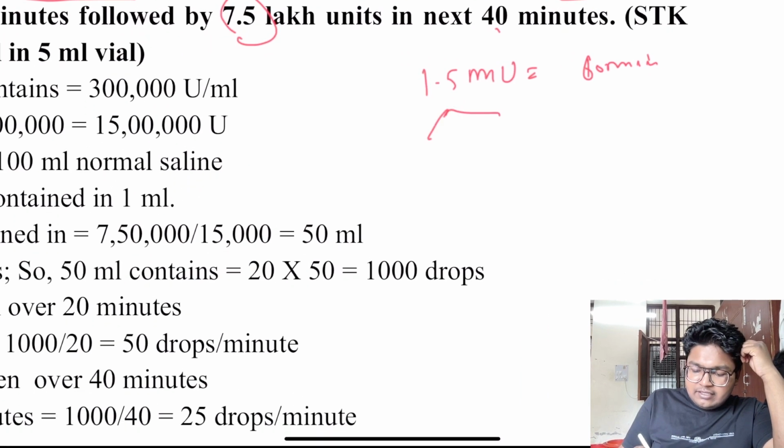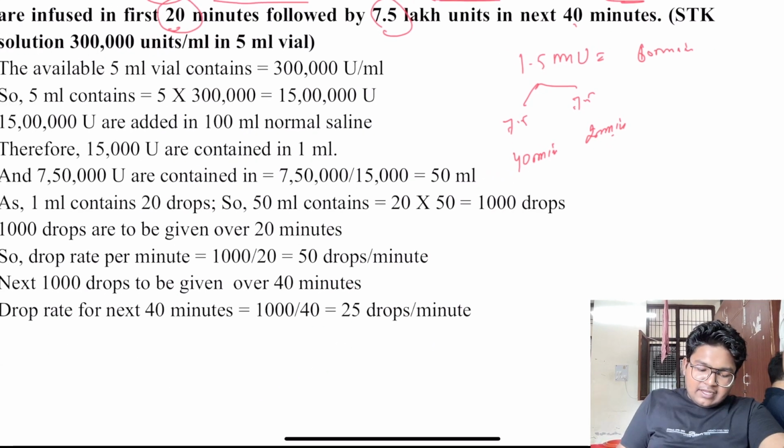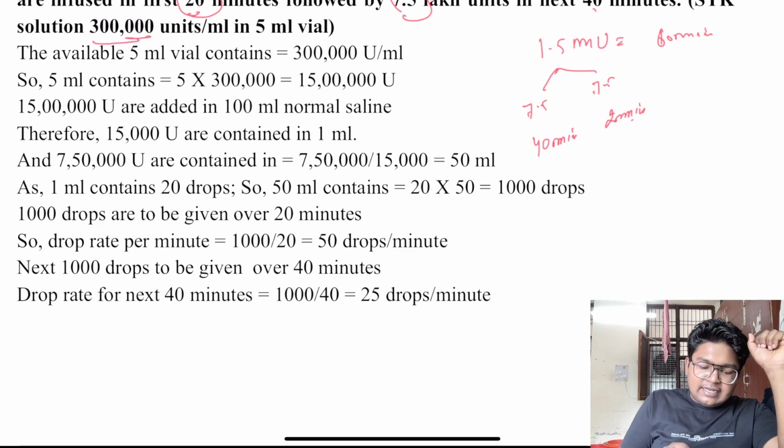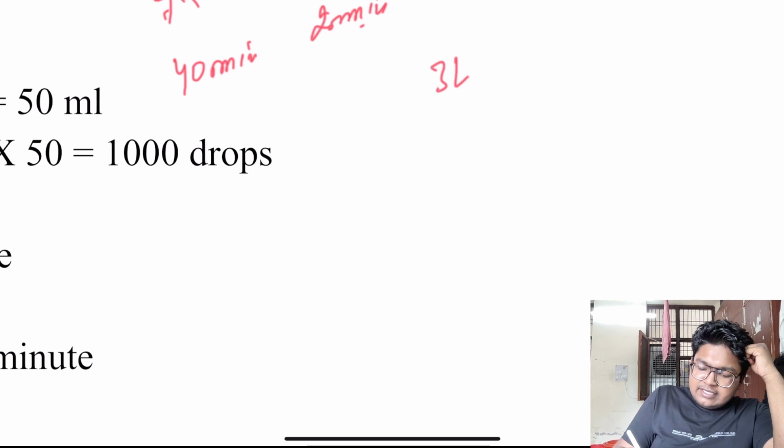So I can divide it equally, 7.5 and 7.5, in 40 minutes and 20 minutes. The injection given is 3 lakh units per ml in 5 ml. Total is 1.5 million units.